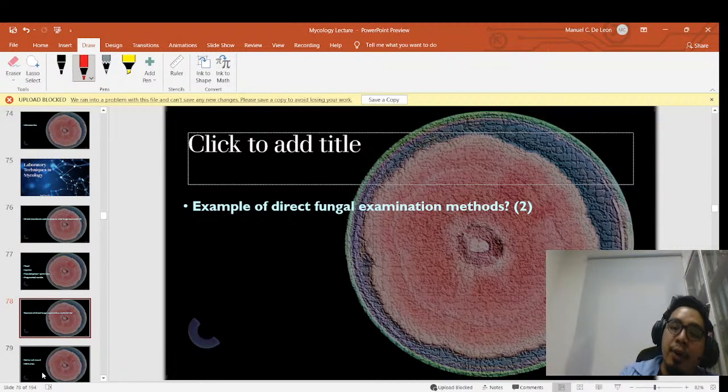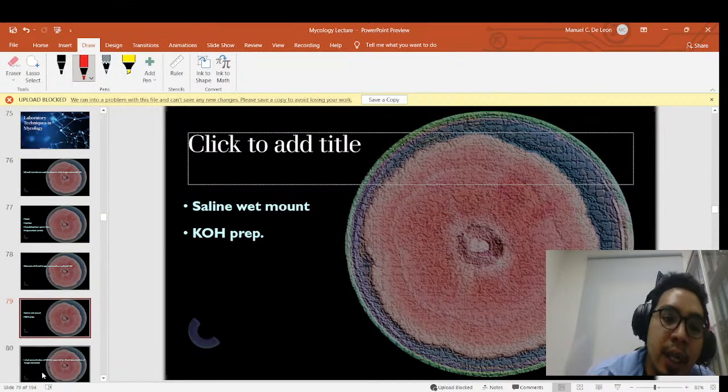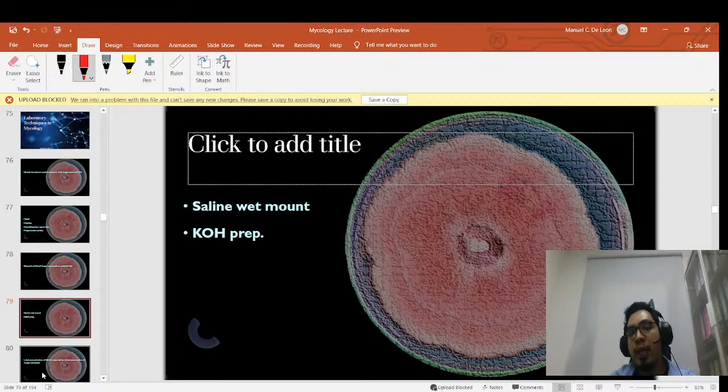And then we also have the KOH method, or the potassium hydroxide method, or KOH prep in some hospitals. Usually, the way people call it differs based on the institutions.